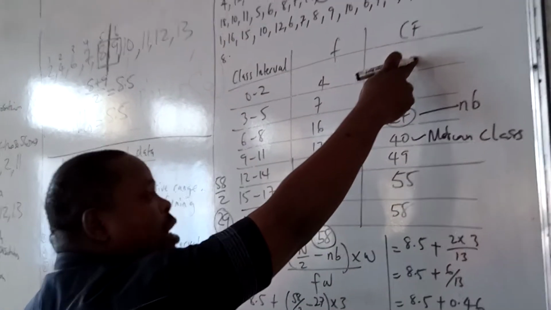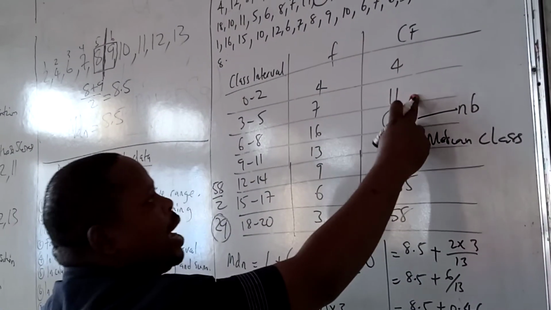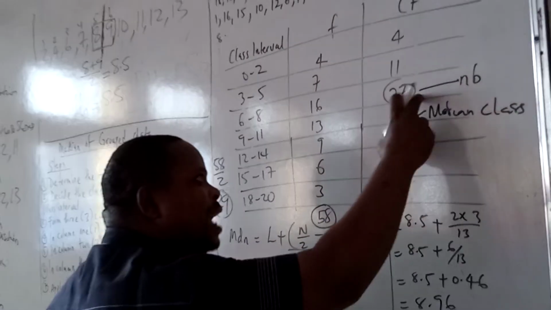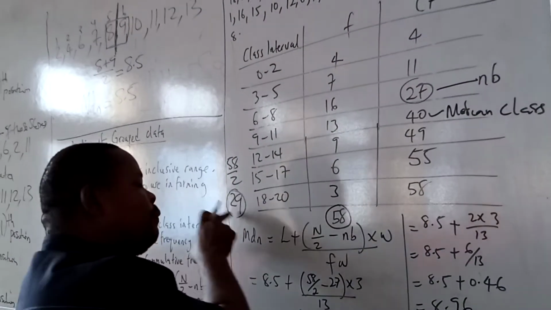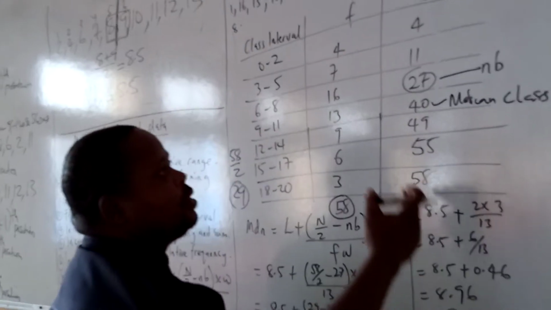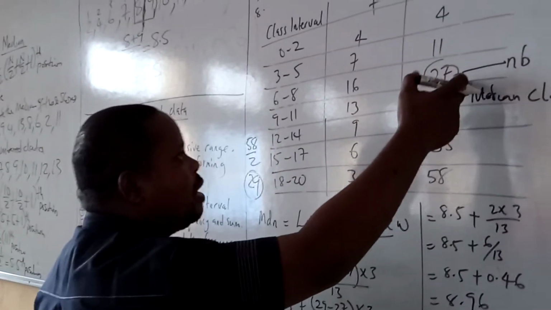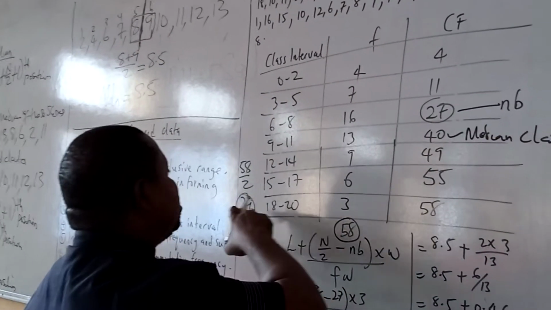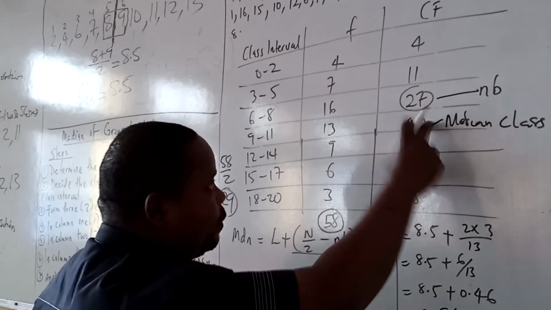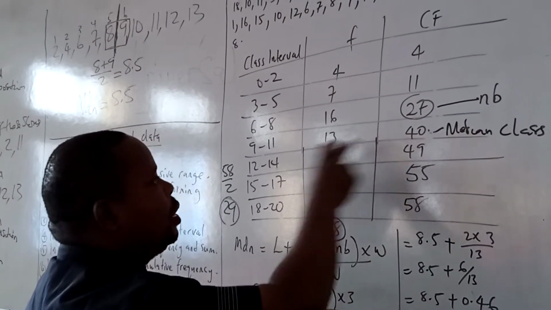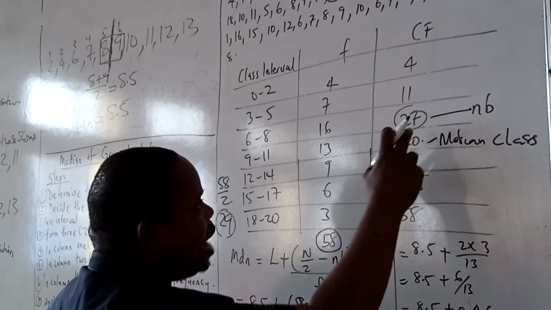29 is greater than 4, greater than 11, and greater than 27. Remember, we are looking for 29 on the cumulative frequency column. It's greater than 27, and so we assume that the 29 we are looking for is inside this 40.